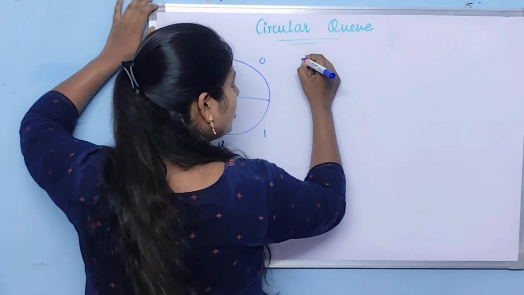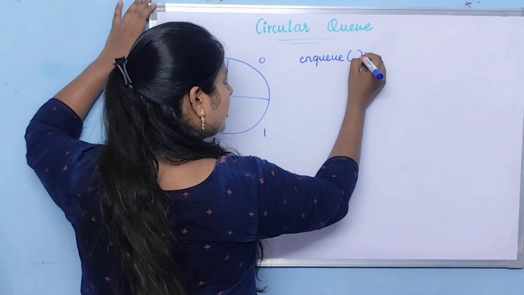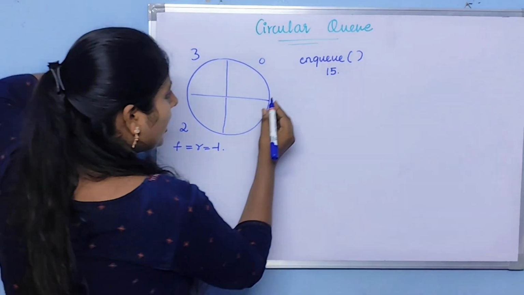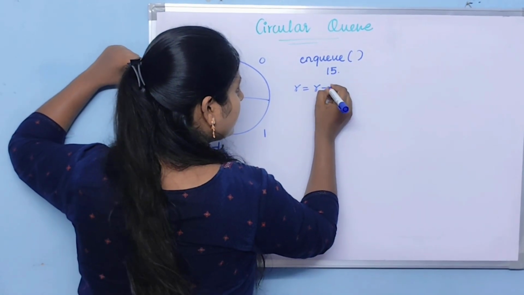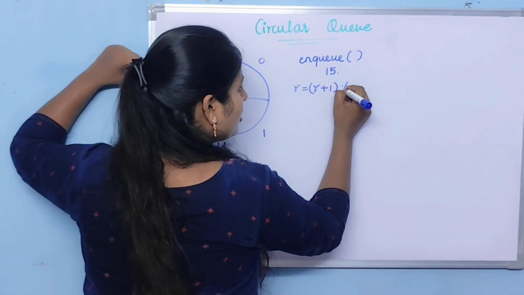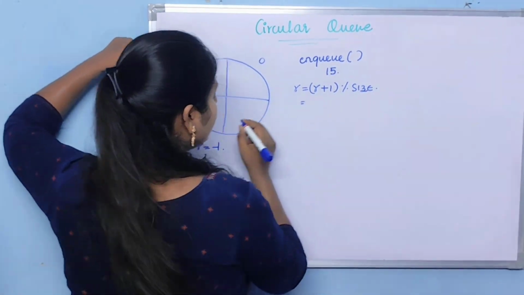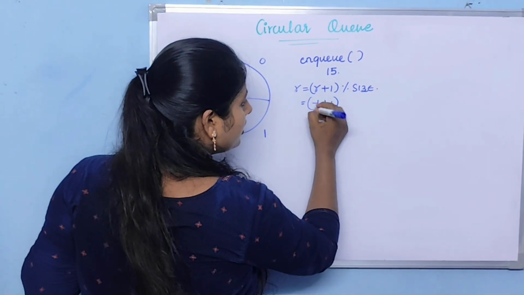Now I try to enqueue my first element, that is 15. What should happen here? What formula did I tell you? Rear equals (rear plus 1) mod size. So what is rear? It was -1, then plus 1.